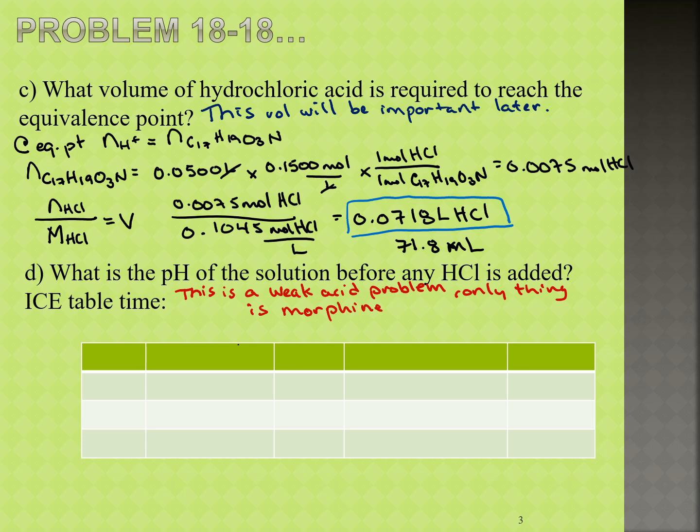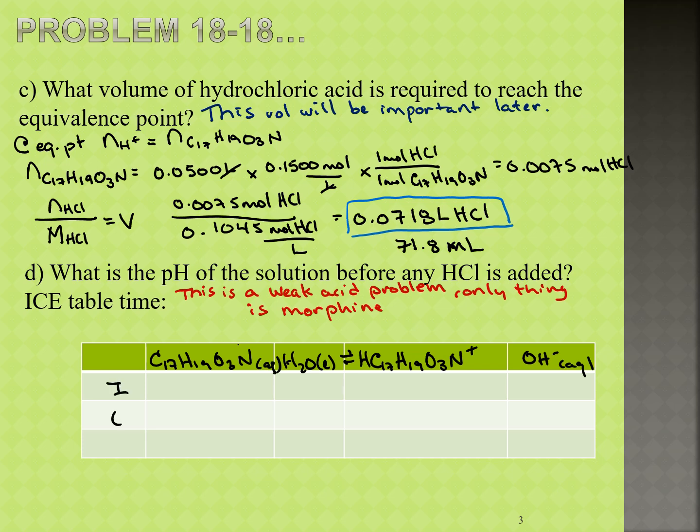So let's set up an ICE table where we've got our morphine, C17H19O3N. It is going to react with some water, and we're going to produce our C17H20O3N+ and hydroxides.